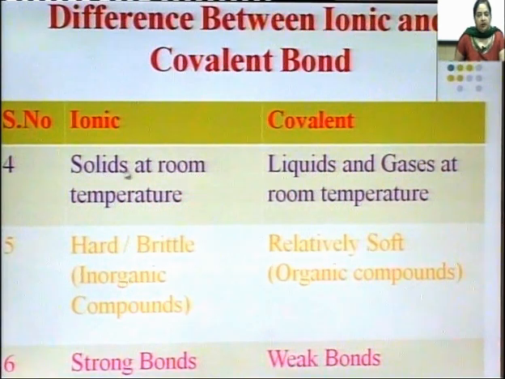They are solids at room temperature, hard, brittle, inorganic compounds, with strong bonds. But in covalent, they are non-metals, formed by the sharing of electrons, with low melting and room temperature boiling points. They are liquids and gases at room temperature, relatively soft and weak.